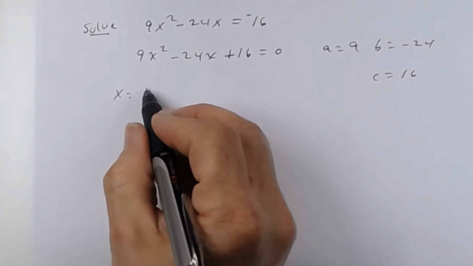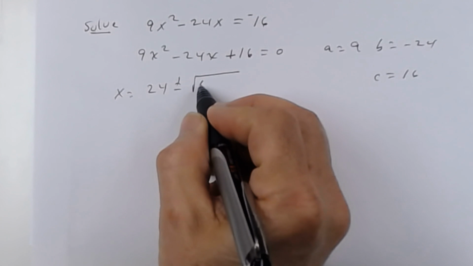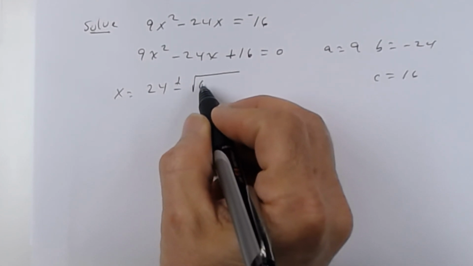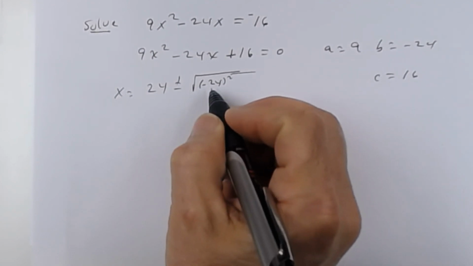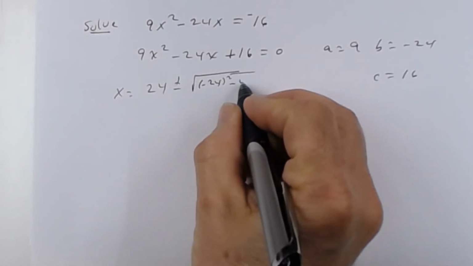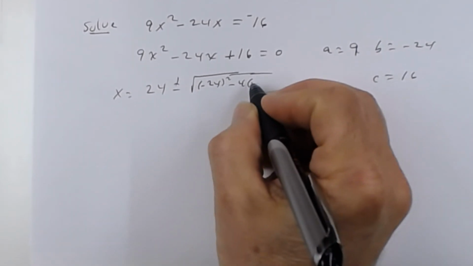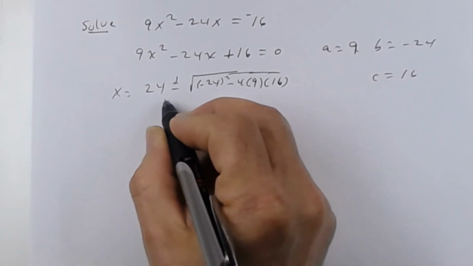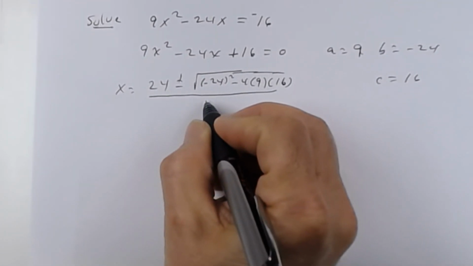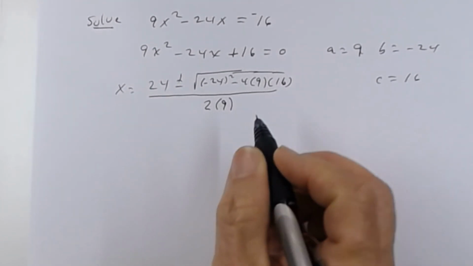All right. So I'm going to get x equals the opposite of B. What's the opposite of B? 24 plus or minus the square root of negative 24 squared. Now remember, what I'm writing underneath is the discriminant, right? 24 squared minus 4 times A, which is 9, times C, which is 16. All of that is being divided by 2 times what? 9.